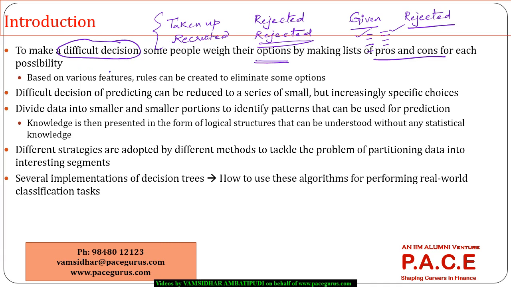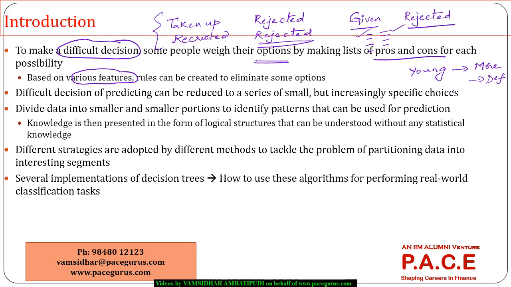So I have a list of pros and cons for each of the possibilities, and based on that, sometimes I take a decision. In machine learning, we are trying to automate that particular process. Even if I have to take this decision manually, I will look at different features. Oh, he is a very young guy, so his age is much lesser. So there is a chance that he is earning more, so he may not default.